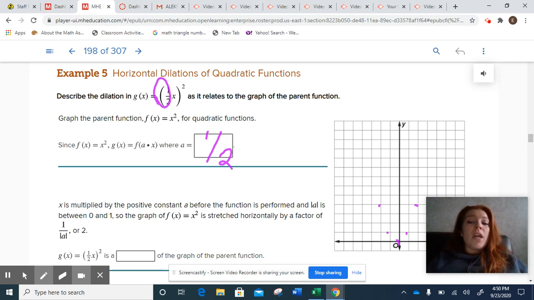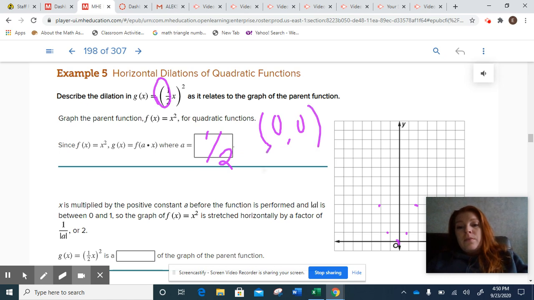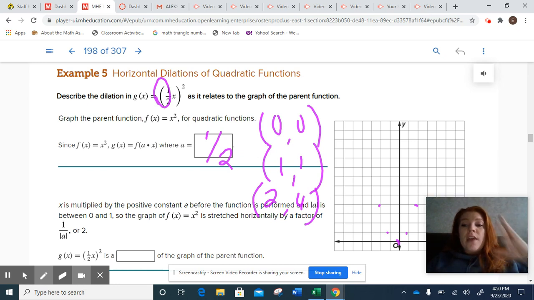If you did the 1/2, you're going to see something different happen, and you'll know that that's not right. So I'm going to take my main points 0, 0, 1, 1, 2, 4, and I'm going to change the x's. Right, I'm making them flatter. So I'm going to multiply my x numbers this time by 2.